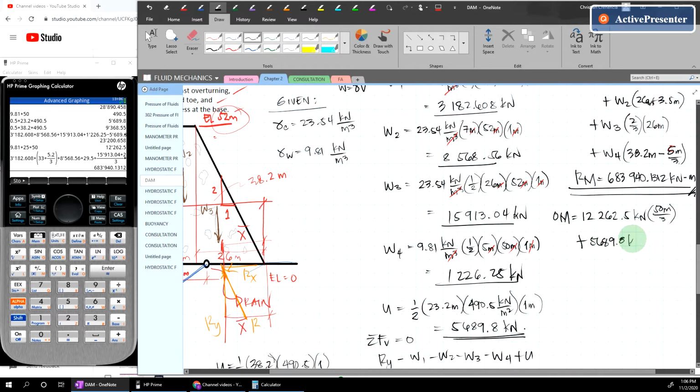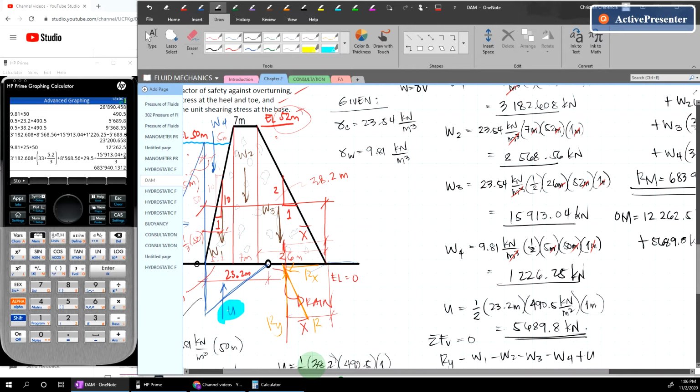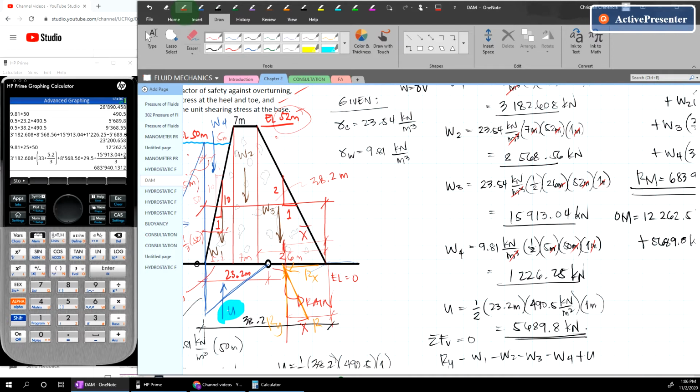So 5689.8 kilonewton. Then ang ating moment arm is, ayan. So pwedeng yung total width nung base nung dam na 38.2. So babawasan natin ng 1/3 ng ito.